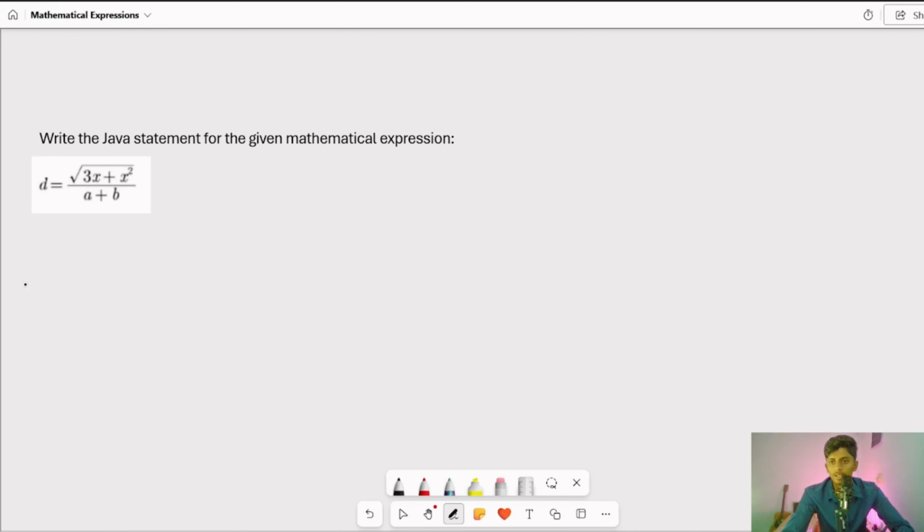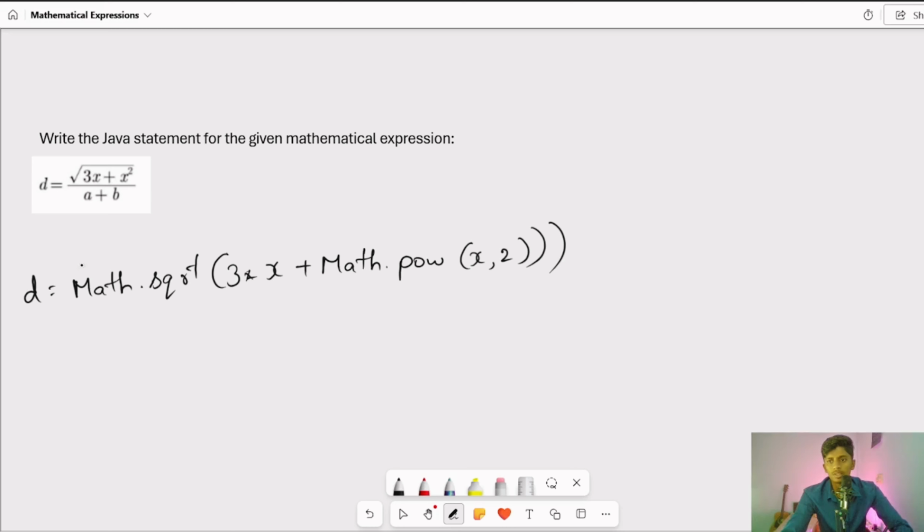So how to write it? d is equal to Math.sqrt of 3 into x plus Math.pow of x comma 2, and here the whole thing is divided by a plus b. So this is the answer.